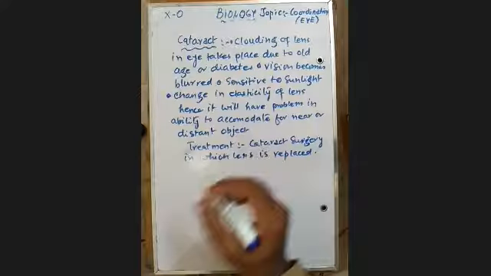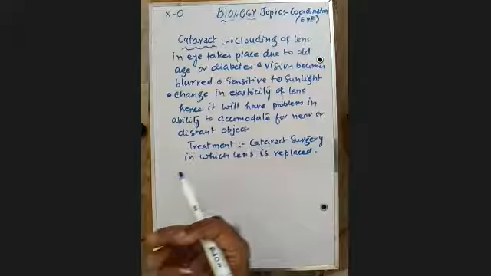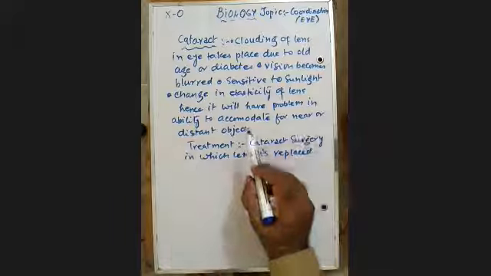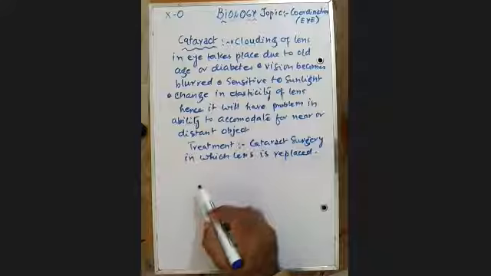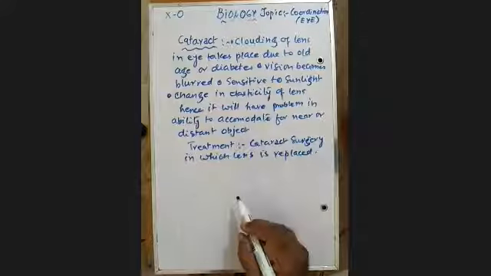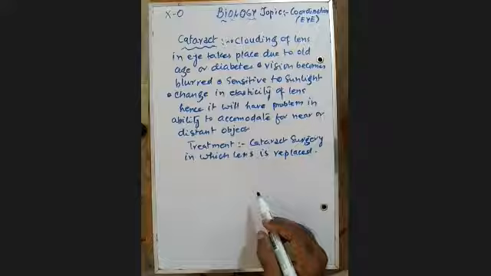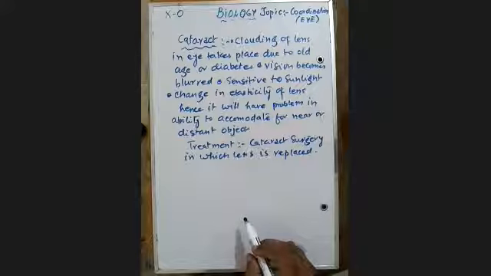The elasticity of the lens becomes less, so it will have problems accommodating for near and distant objects. The treatment is cataract surgery, by which the lens is replaced. Is it clear? With this, we end the topic.